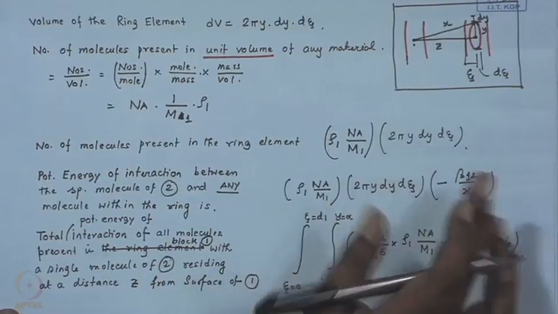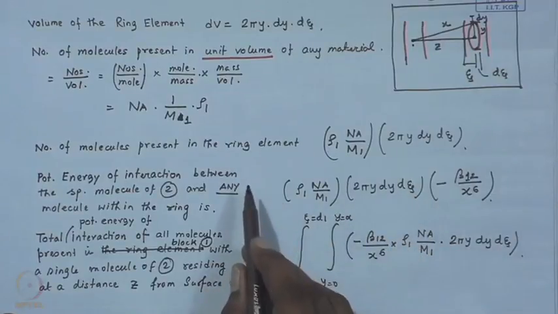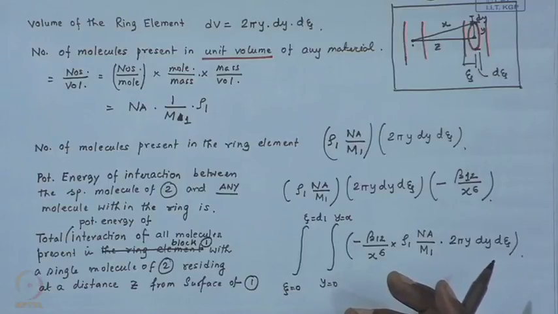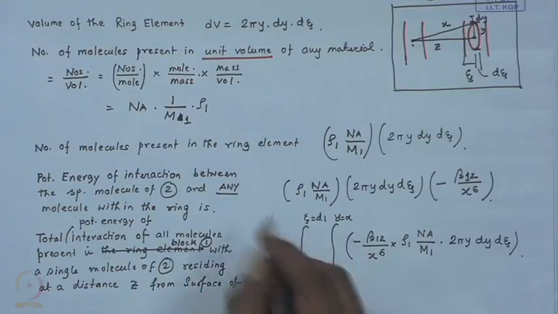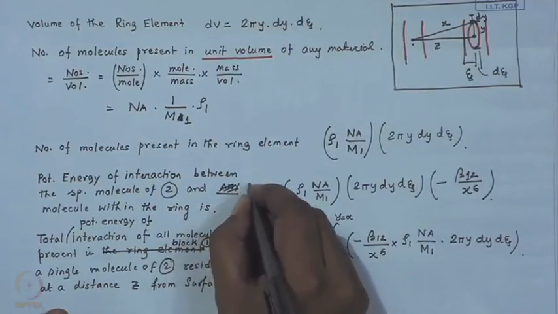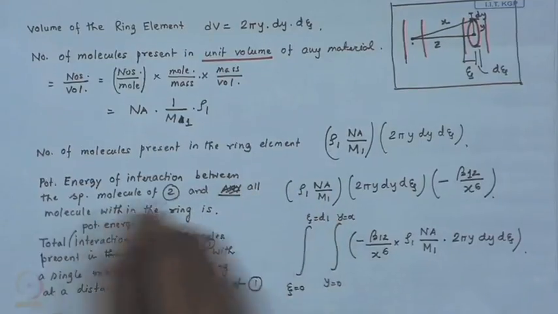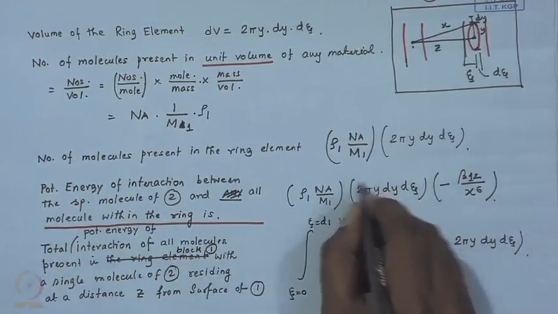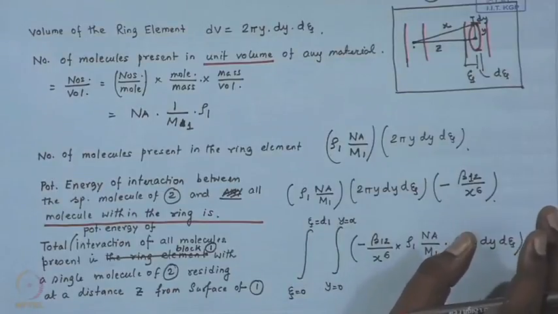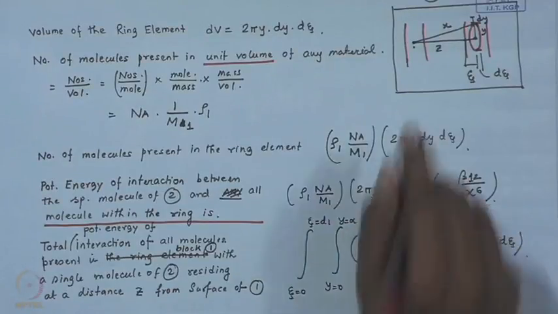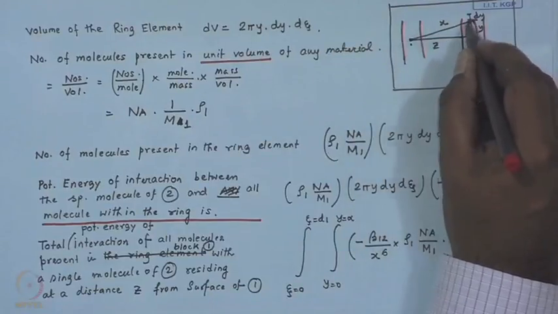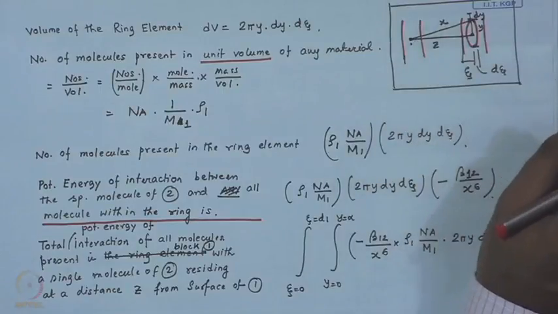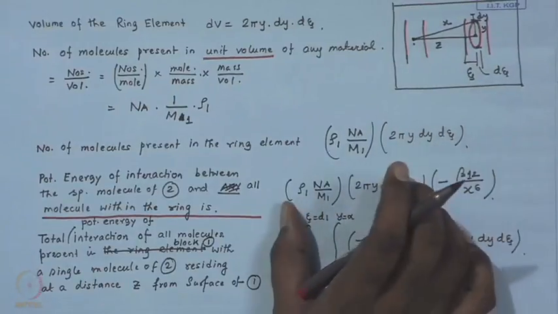So, the inner product is the potential energy of interaction between the specific molecule of 2 and all molecules present within the ring element. That is why you multiply with the volume. If you do not multiply with the volume, the specific interaction between one molecule over here and one molecule in the ring element is given by minus beta 1 2 by x to the power 6, where x is the separation distance. You multiply it by the total number of molecules present within the ring.